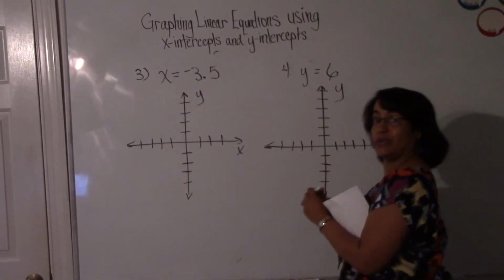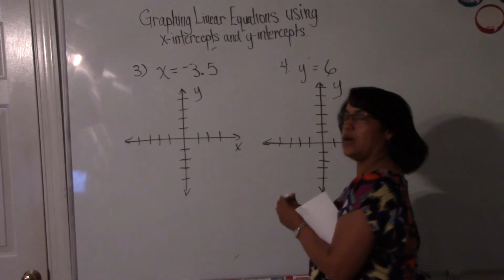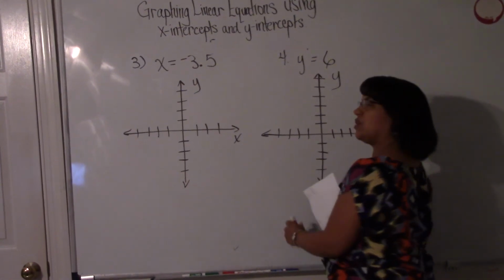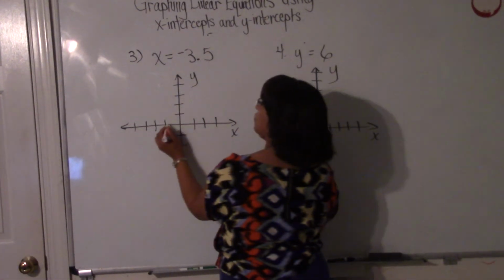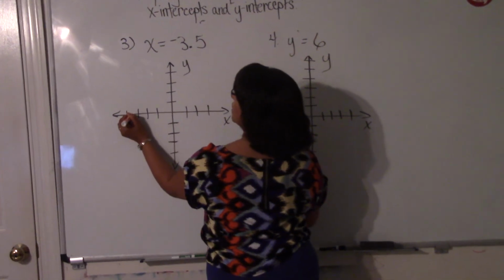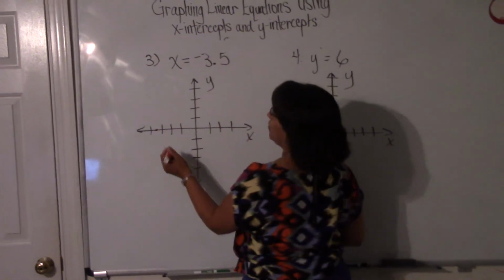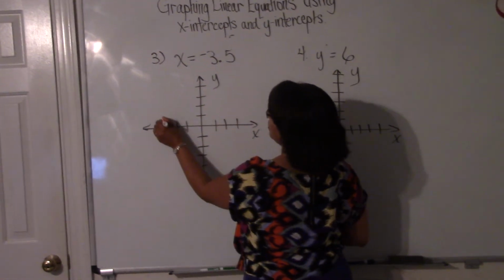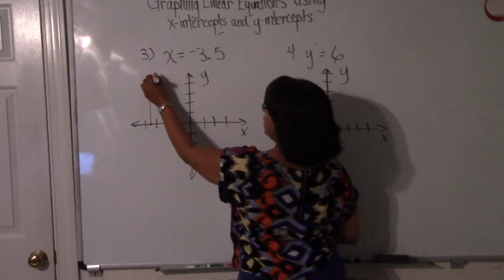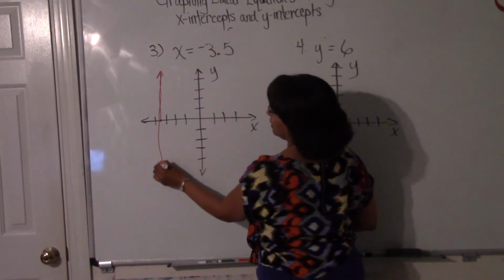So x is equal to negative 3.5. Well, that tells me I'm going to have to go across the x-axis to negative 3.5. But that means all my x coordinates are negative 3.5. So that is a vertical line straight through x equals negative 3.5.